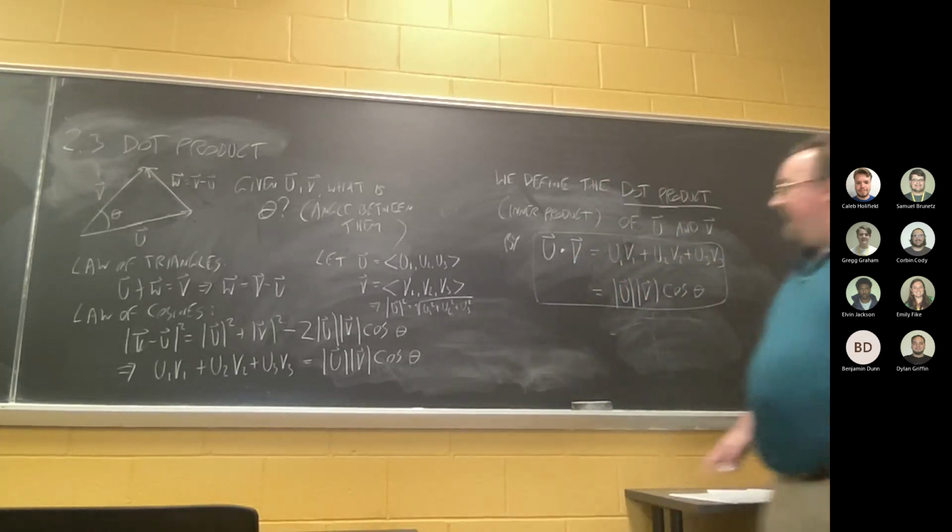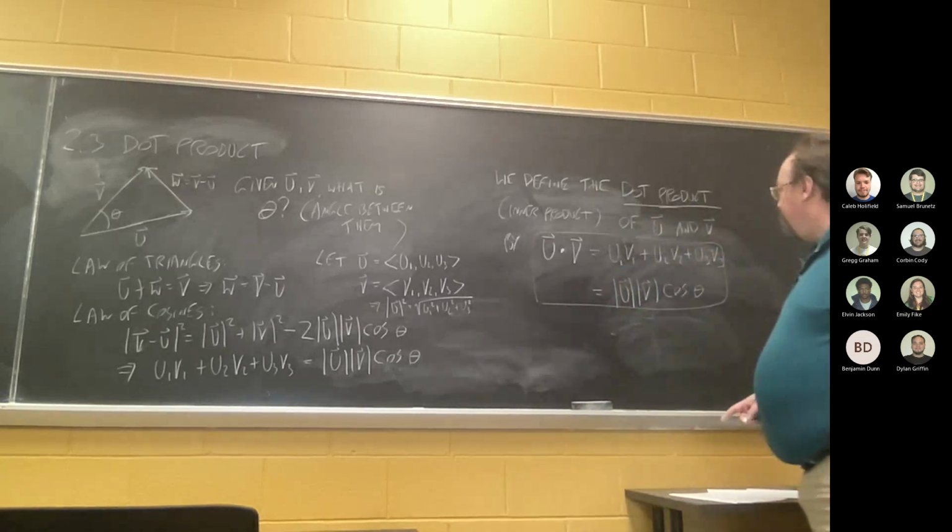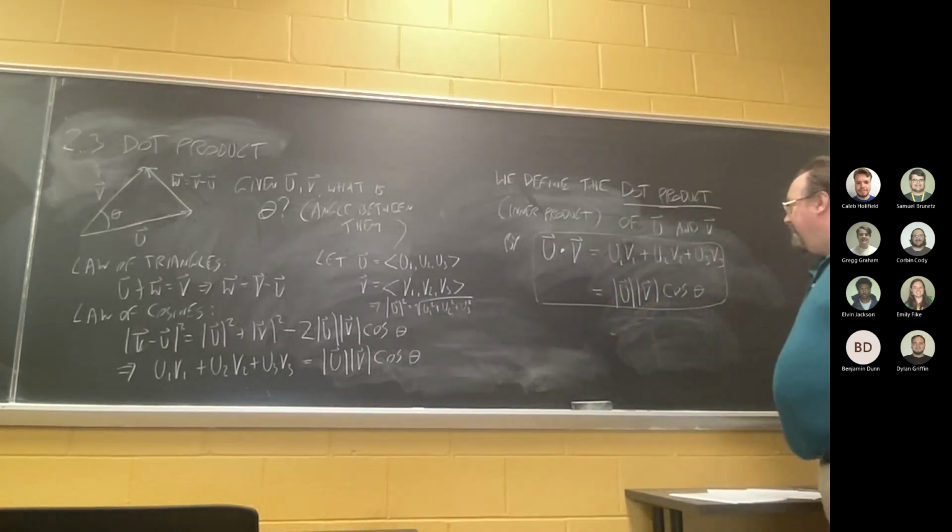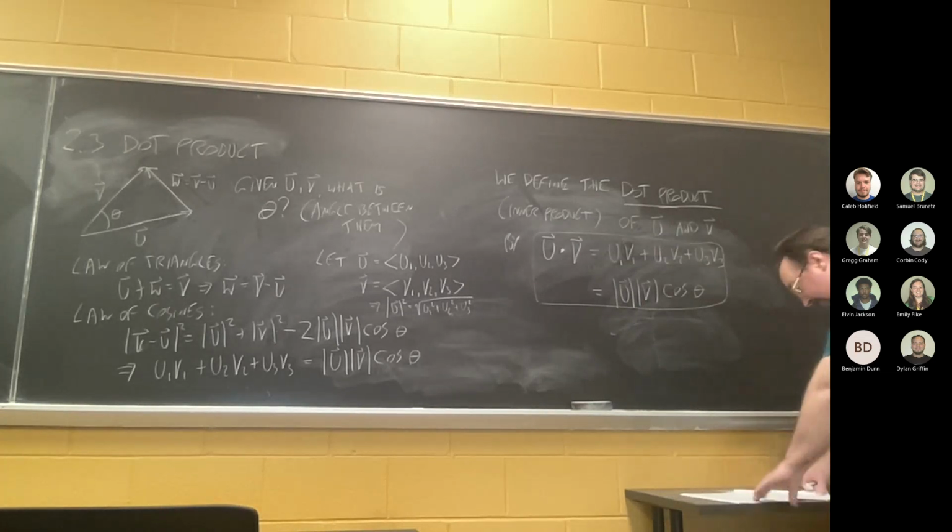Are you given the X, Y, and Z components, or are you given the magnitudes and the angle between them? I'm going to show you examples of how to use this, but first, any questions about what happened here?